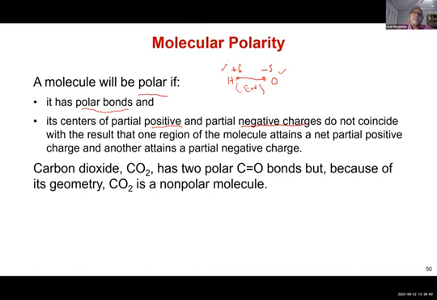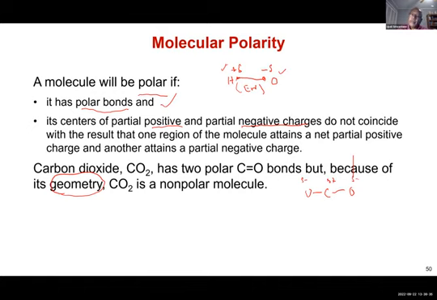Now there's one more thing. First, the molecule has to have polar bonds, but the geometry of the molecule has to be considered. For example, carbon dioxide is a linear molecule. There's a negative charge here, negative charge there, positive charge in the middle.